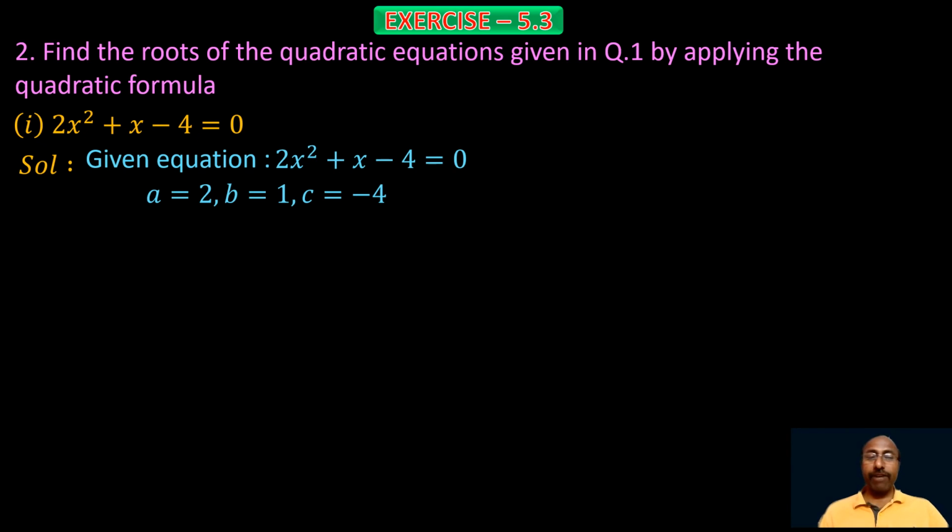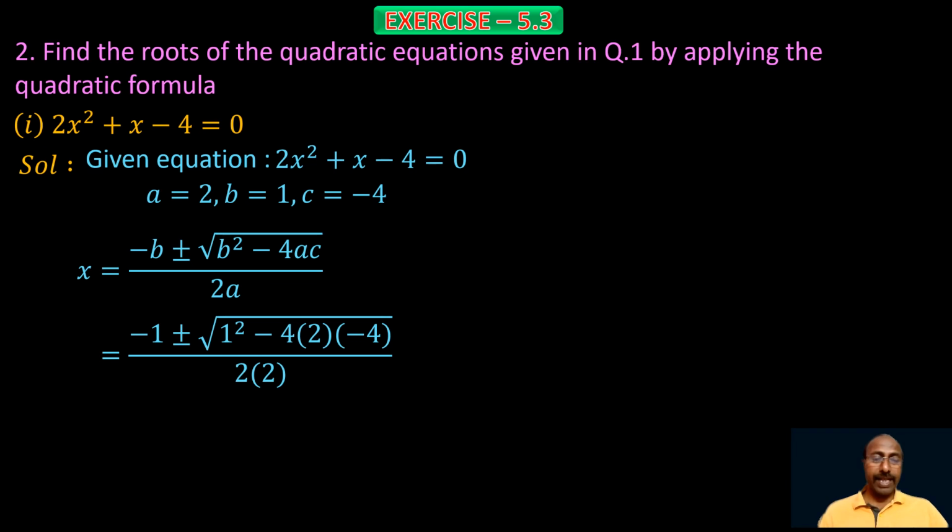Now the quadratic formula is x equal to minus b plus or minus under root b square minus 4ac whole by 2a. Now let us substitute all the values of a, b and c in this formula. That is minus 1 plus or minus under root b square is 1 square minus 4 into a is 2, c is minus 4, by 2a, that is 2 into 2. So let us simplify the term under the square root.